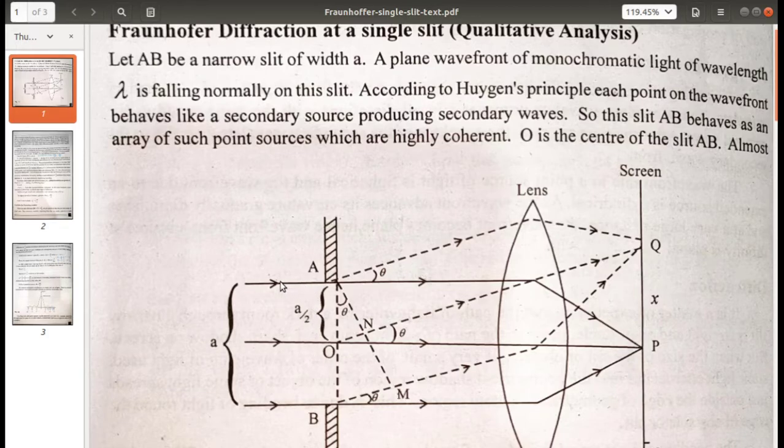So these are plane wavefronts falling normally on the slit AB, and each point on this wavefront produces secondary waves. So this slit AB behaves as an array of such point sources which are highly coherent.